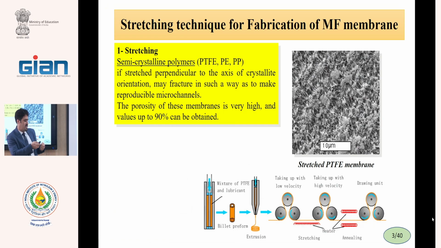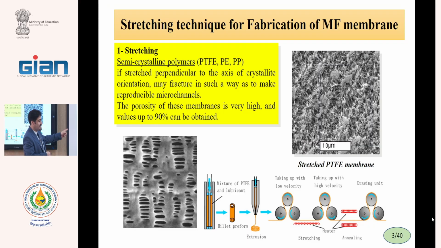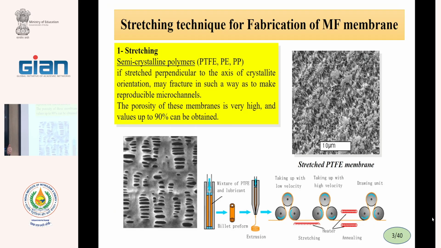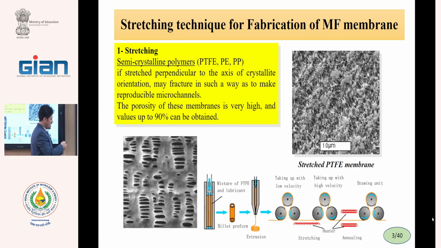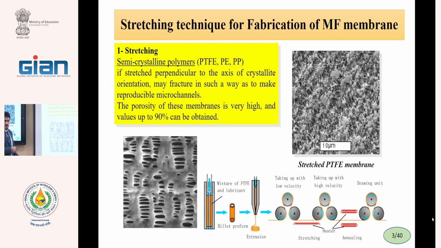When we stretch the film, as you see in this SEM image, the chains separate from each other and produce a free space. This free space is the pore of the membrane, and this area is the body of the membrane, the matrix of the membrane. Therefore, with stretching, we produce some porosity in the semi-crystalline polymers.